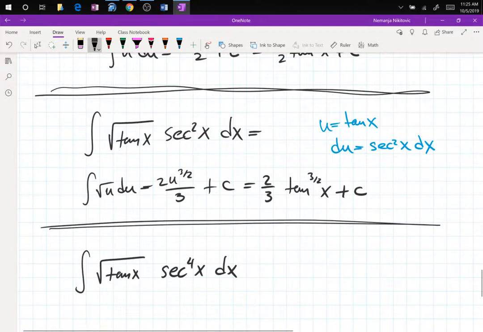Well, for the tangent-secant pair, you should use tangent as a u sub, because tangent is the one stuck under the root. The derivative of tangent is secant squared, but I have secant to the 4th. So we are immediately going to break it apart, right?